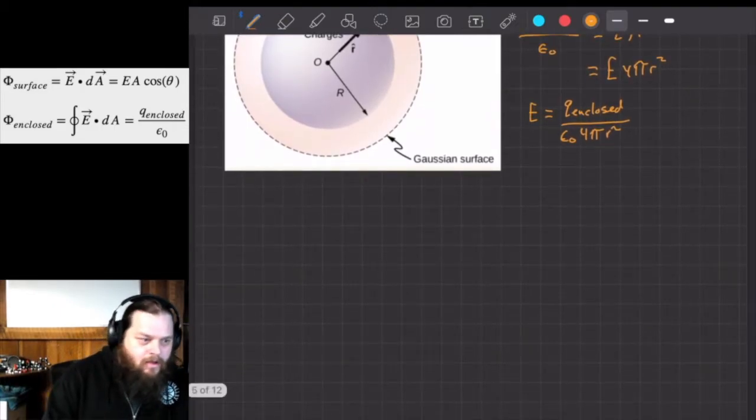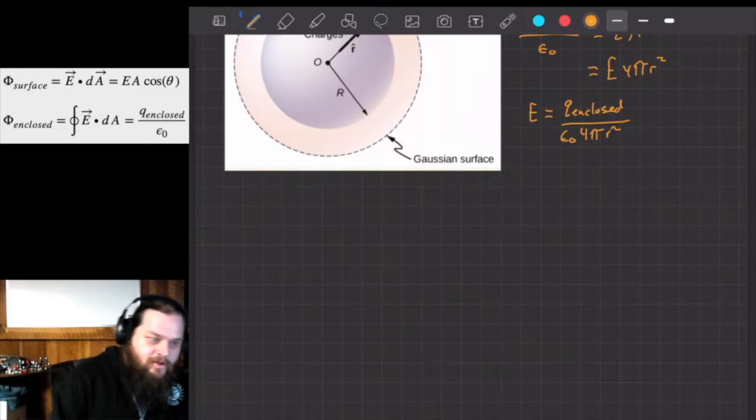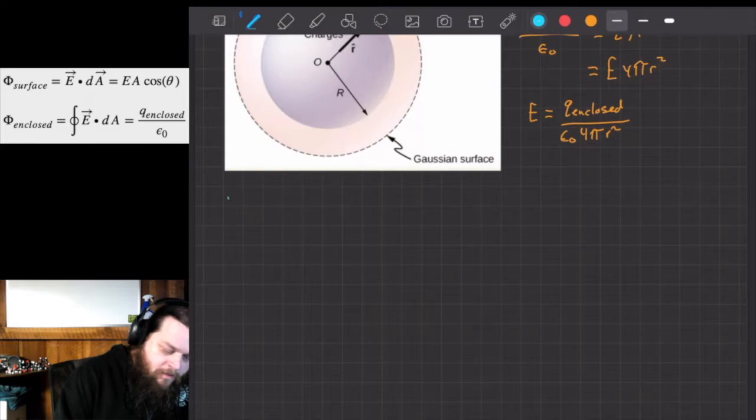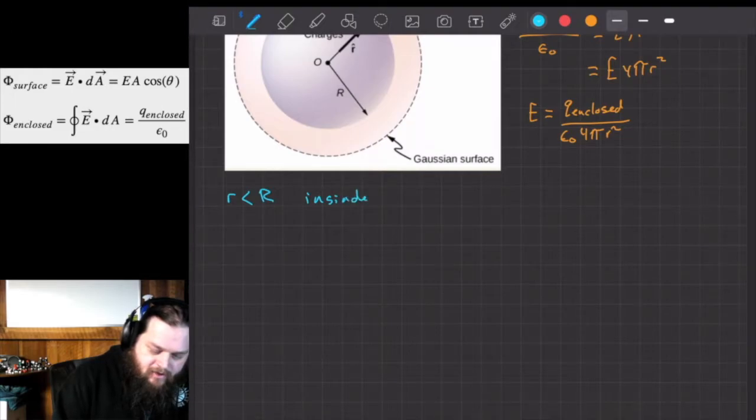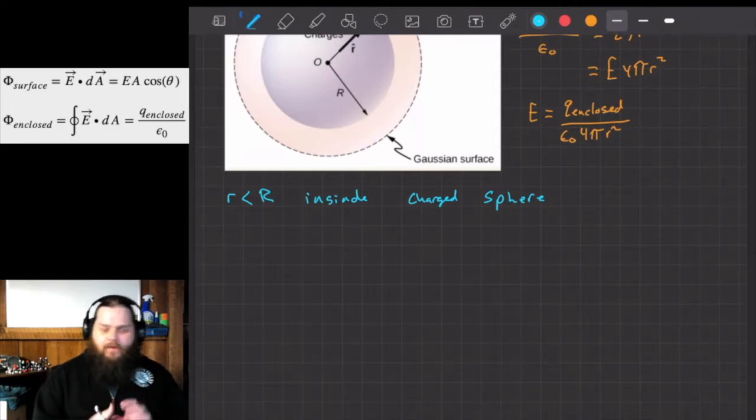And so we have 2 different situations. One where little r is less than big R, which means we're inside the charged sphere. And in this case, we're going to have to figure out a fraction of that sphere.